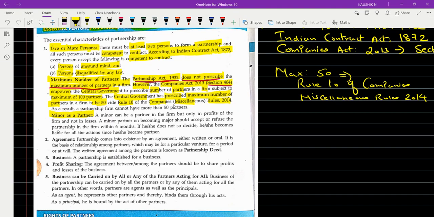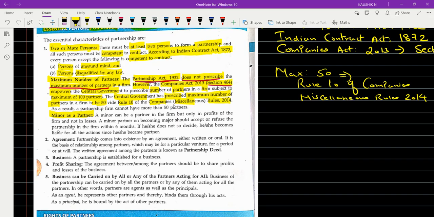For example, A, B, and C are partners who have been running the business for more than, say, 5 years. Among these three, partner B has a son who is a minor, aged about 14 years.